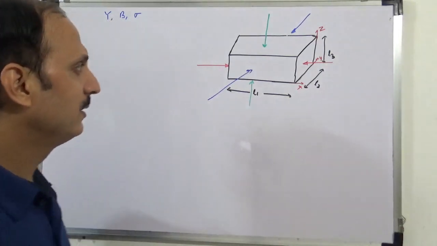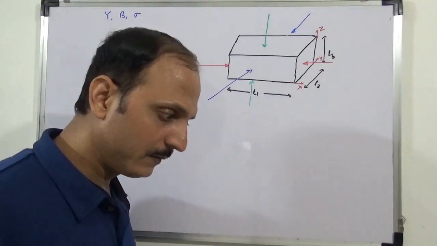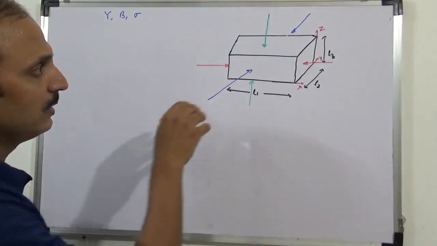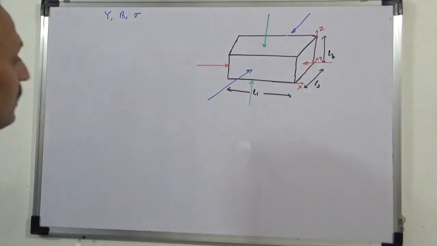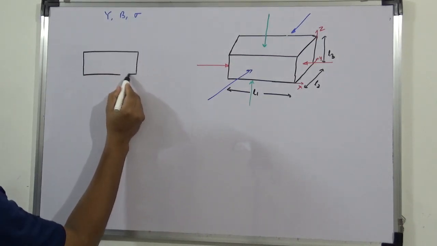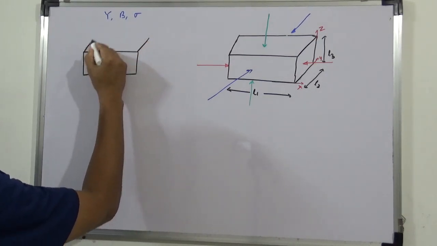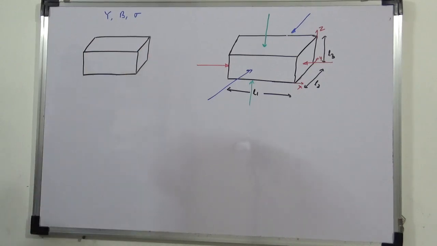Let's go one by one because it will be confusing. So let's say only the red force is acting. If I draw the shape again, only the force along the x-axis is acting.